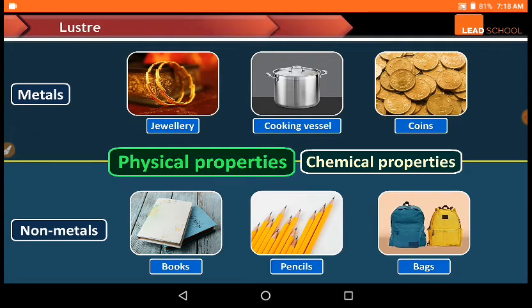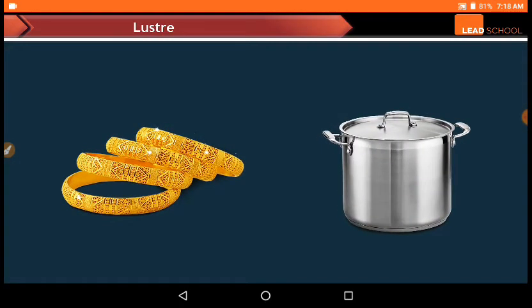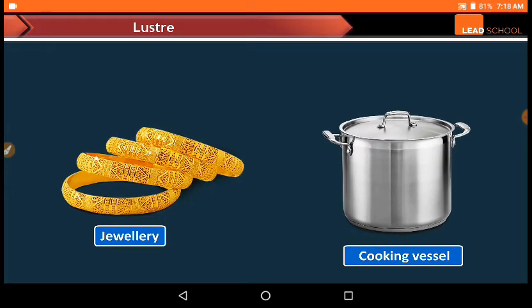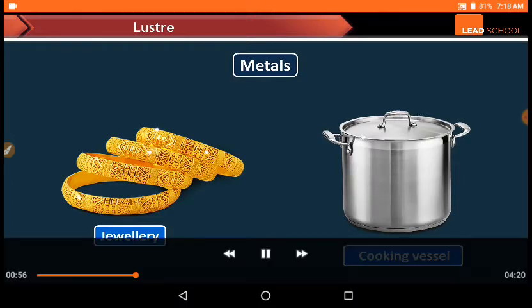When you look closely at a metal object, like a piece of jewelry or a cooking vessel, you may notice that it shines. Metals have a shiny appearance. This quality is called luster.